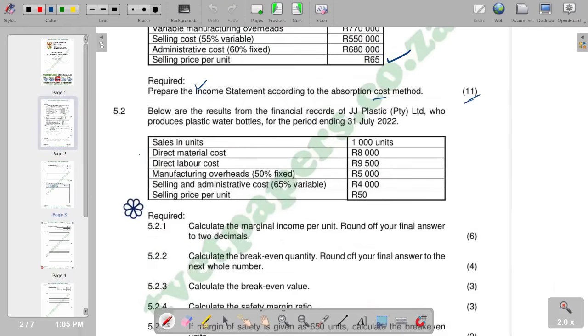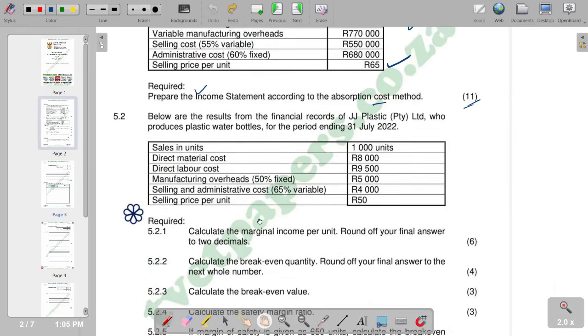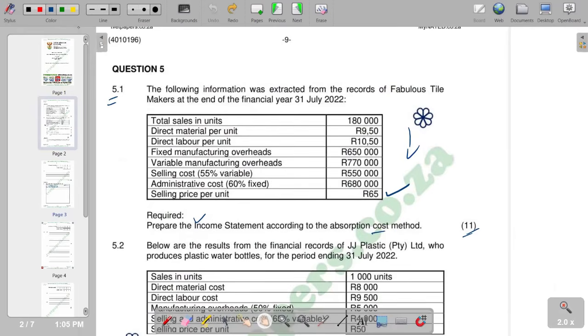We check what we have according to the question. We have direct material. Remember, we are looking at 5.1, so we refer back to it. We're given direct material per unit, which is 9 rand 50. To get the total direct material, we take the per unit 9 rand 50 and multiply by the total units, which is 180,000.